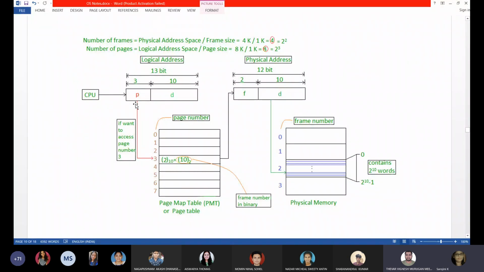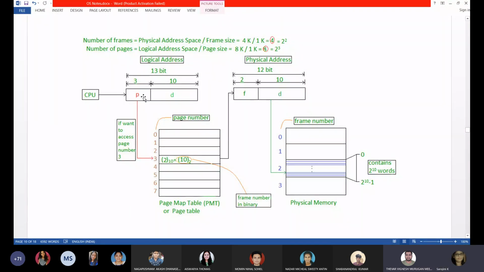So the page number is larger than the frame number, because the number of frames will always be less than the number of pages. To represent a small memory we need fewer address bits, and to denote a large memory we need more address bits. That is why.